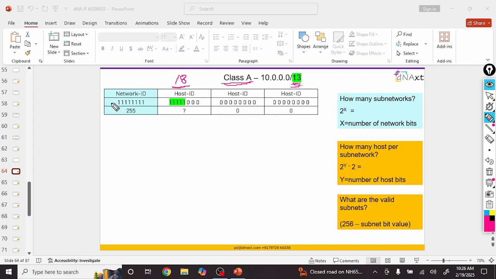These are the major network bits. So this is the major network portion, the subnetwork portion, and these are the host bits, in which the third and fourth octets are purely host octets. The first octet is a purely network octet, and the second octet is a combination of subnet bits and host bits: 5 bits out of 8 are subnet bits and 3 bits are host bits.